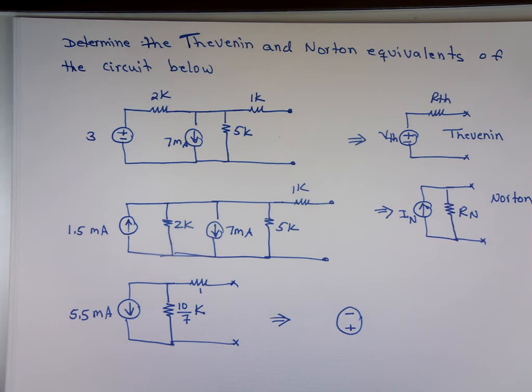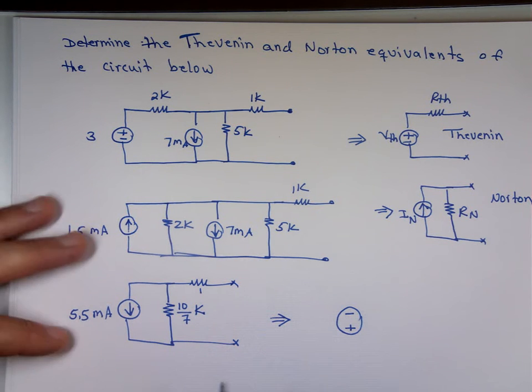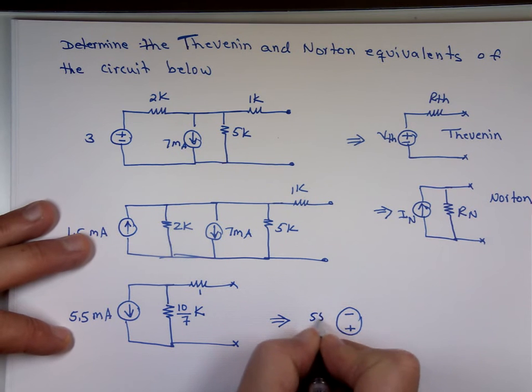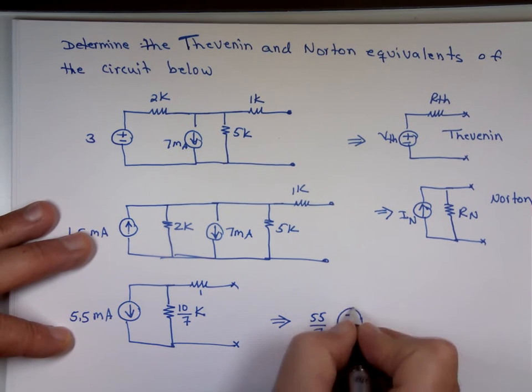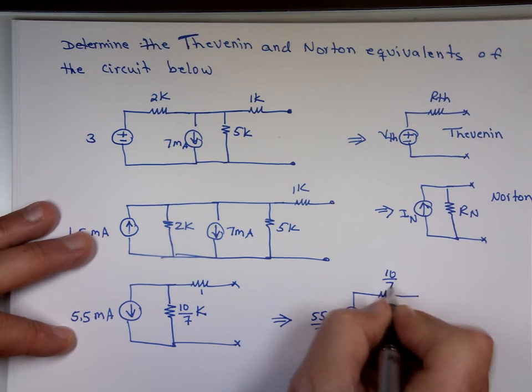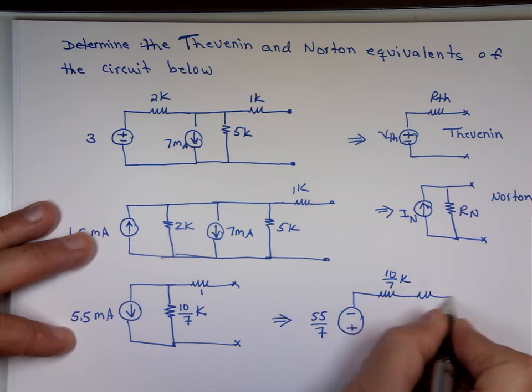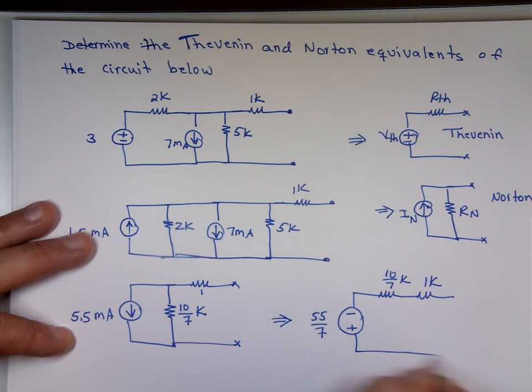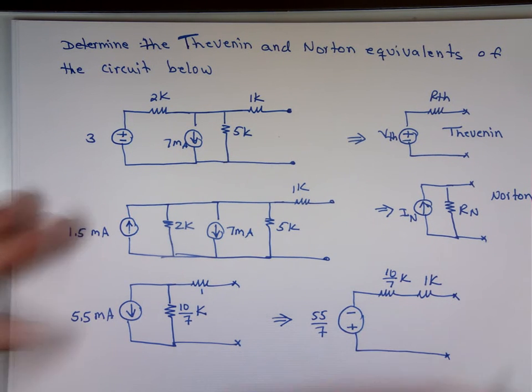That's 55 over 7. Ten over 7K, 1K, and I'm done. Here's my Thevenin equivalent.